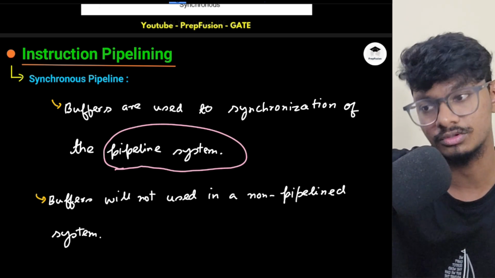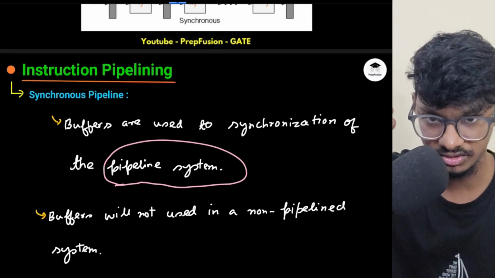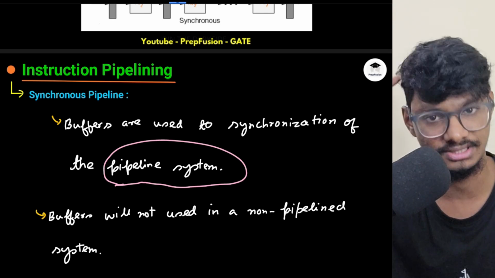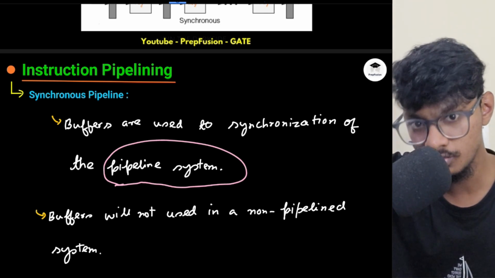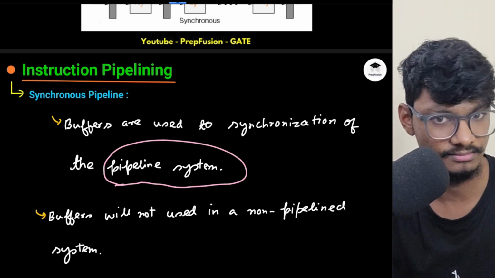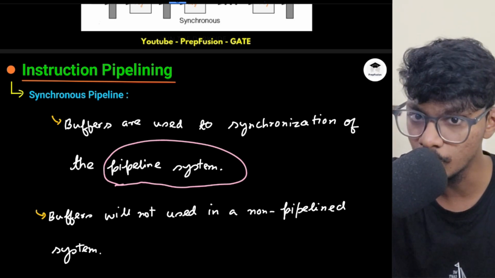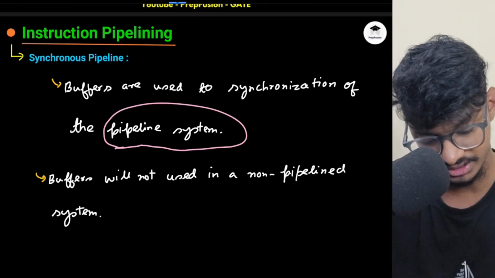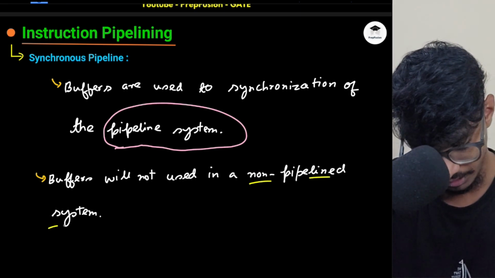We don't need a buffer to temporarily hold the data and then give it to the next stage. As soon as I perform some task in stage 1, I instantly give it to the next stage, because stage 2 at that point is not doing anything. It is just idle, waiting for stage 1 to give it something. So it's totally fine. We don't need any registers or buffers in a non-pipeline system. That is the important point I wanted to tell you here.